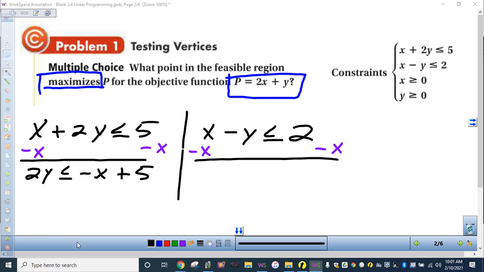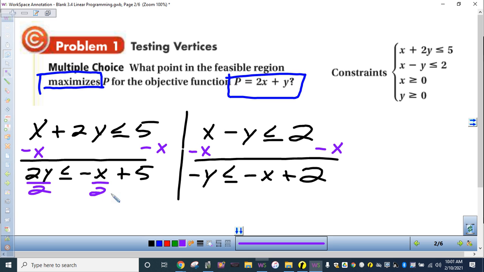On the right equation, we're left with negative y less than or equal to negative x plus 2. The equation on the left, I got to divide by 2, all three parts. On the right, I have to divide out my negative 1.